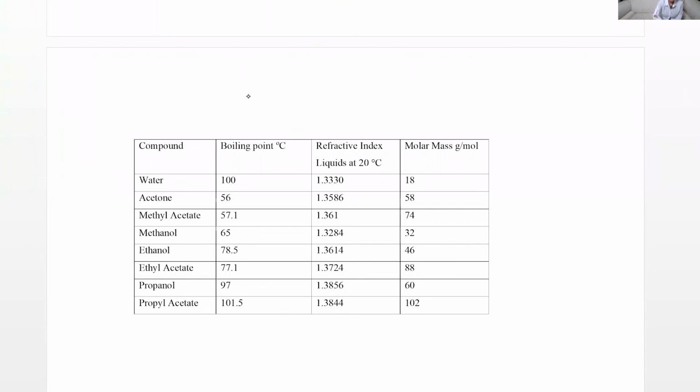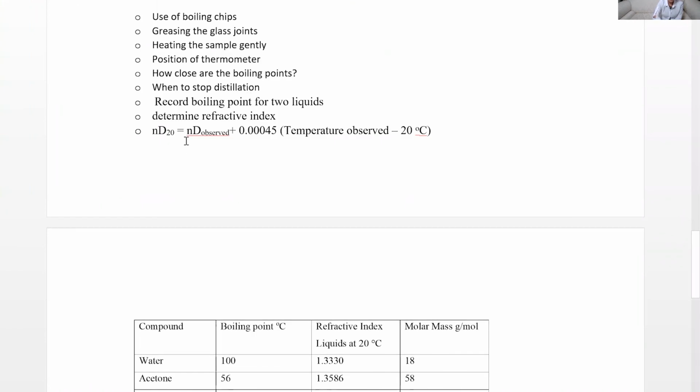And when you measure the refractive index in the lab, you have to use the formula given in the lab manual to correct for the 20 degrees, using the difference between the observed temperature and 20 degrees.